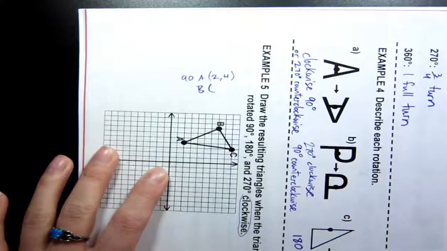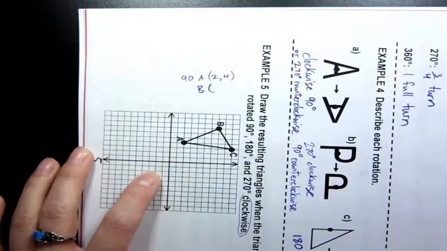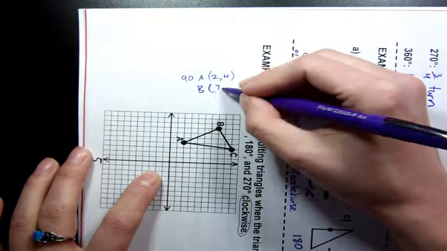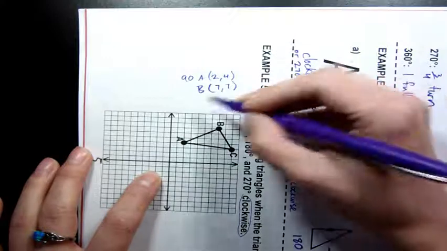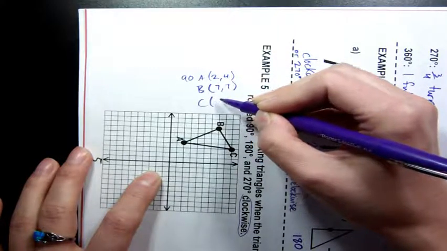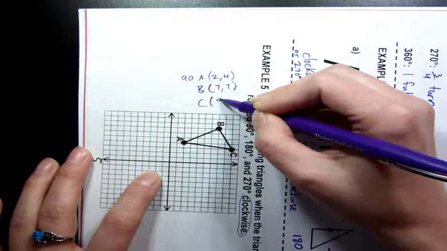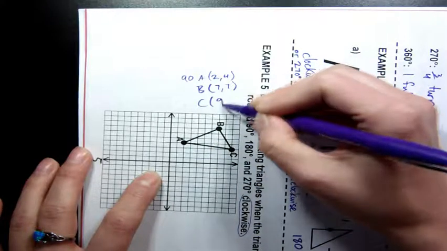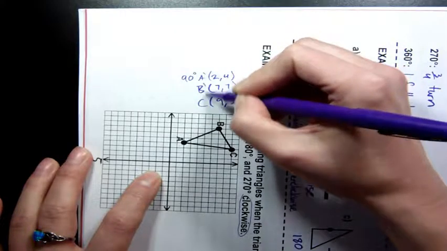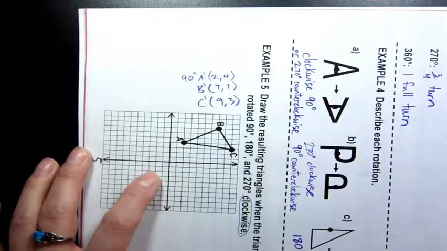What is B when I turned it this way? Who wants? 7, 7. And then C, 9. Yeah, 9 and 3. Okay, so when I rotate things 90 degrees, my new points will be these.